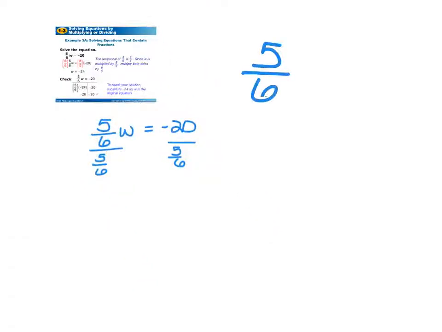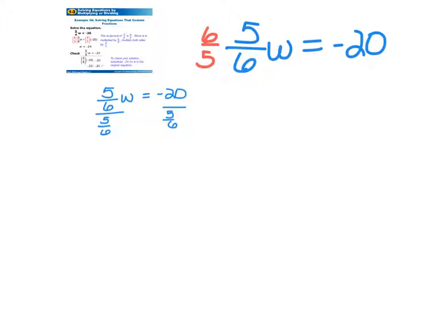So I'm going to rewrite it again. 5/6w equals -20. So whenever you see a fraction next to a letter, right next to it, write the reciprocal of that. And then you're going to write the same reciprocal on this side. I'm going to turn that 20 into a fraction by putting a 1 under it.